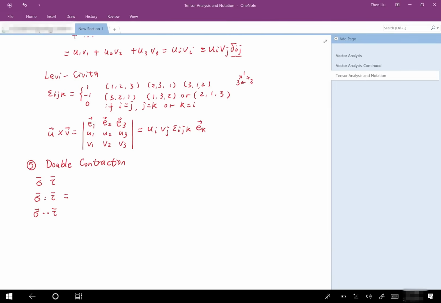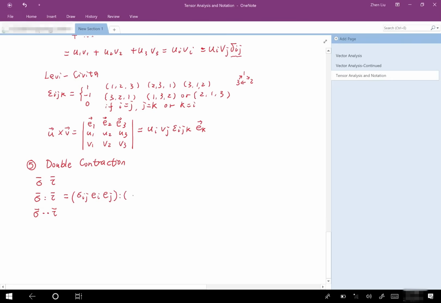So I do it in the following way. Let's still use e for all the basic vectors, but we use different subscripts to represent them. It's okay if we do it in this way as long as we use the Einstein summation.